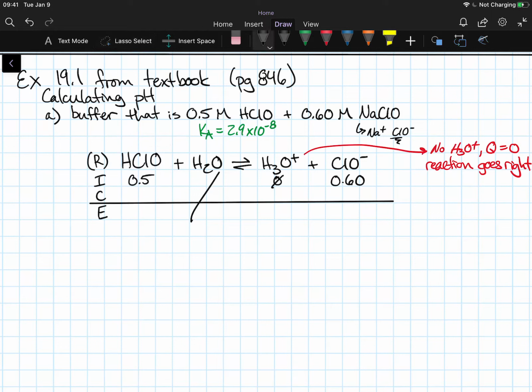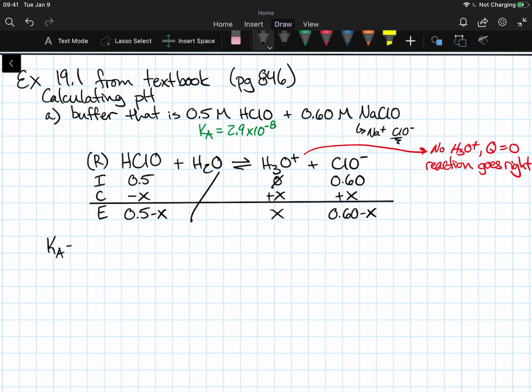So again, to repeat, because there is still some of the hypochlorite ion there, the HClO can't dissociate as much because it's going to be producing some of that ClO minus that's already there. But it is going to dissociate a little bit, and so we'll go ahead and write those in. So at equilibrium we have 0.5 minus x, and 0.60 minus x.